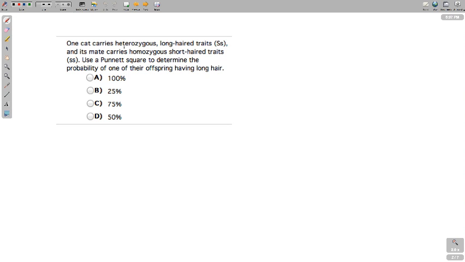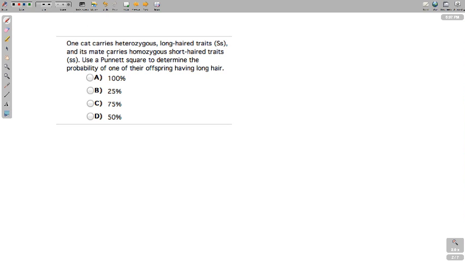One cat carries a heterozygous long-haired trait, big S, little s. It's annoying that S's look the same. I don't like when they use those letters. So I like using T's and E's. Let me erase this.